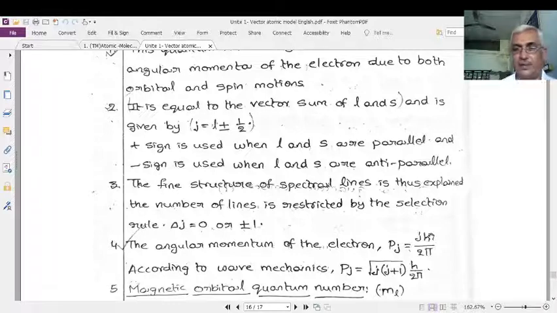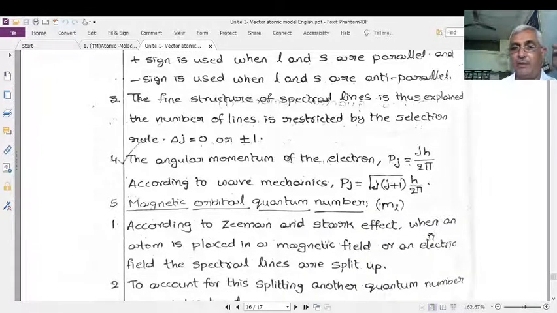Now there are three more quantum numbers that are needed in order to explain the fine structure of the spectrum given by an element, or to explain the Zeeman effect, the Stark effect, the Paschen-Back effect, and so on.